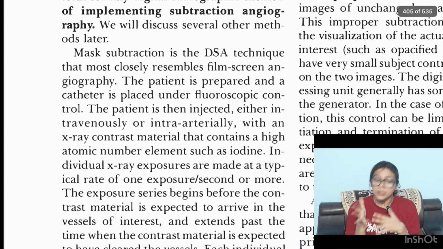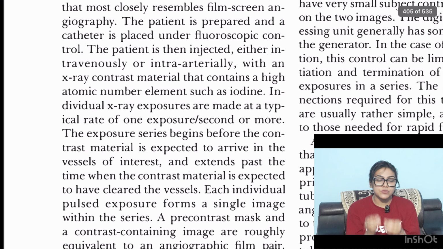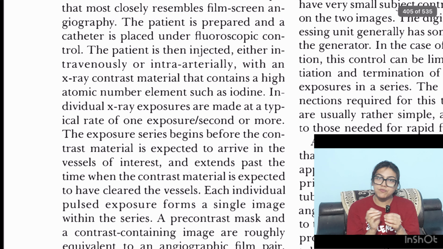The exposure series begins before the contrast material is expected to arrive in the vessel of interest, and it extends past the time when the contrast material is expected to have cleared all the vessels. Each individual pulse exposure will form each individual image within that series.